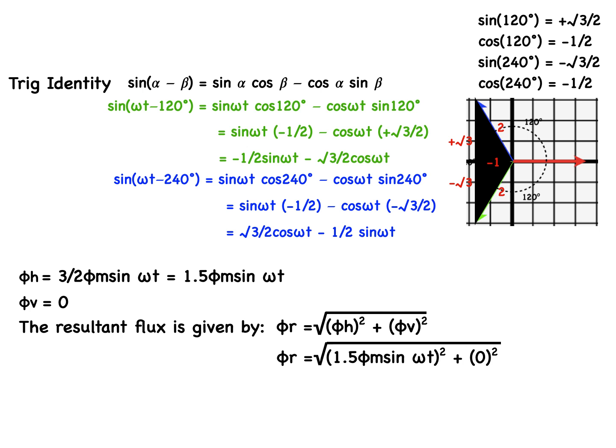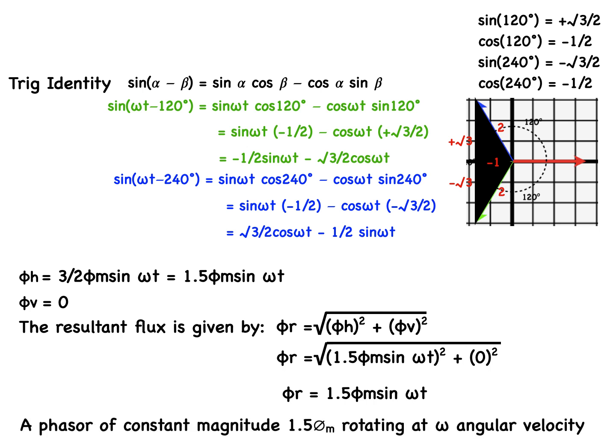And if we find the square root of that, the resultant flux vector is equal to 1.5 phi m sine omega t, which is a phasor of constant magnitude 1.5 phi m rotating at an angular velocity omega. Now that angular velocity can be in cycles per second or radians per second, as long as you're consistent.